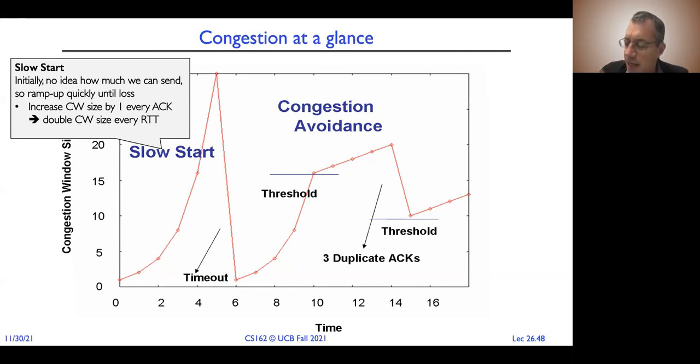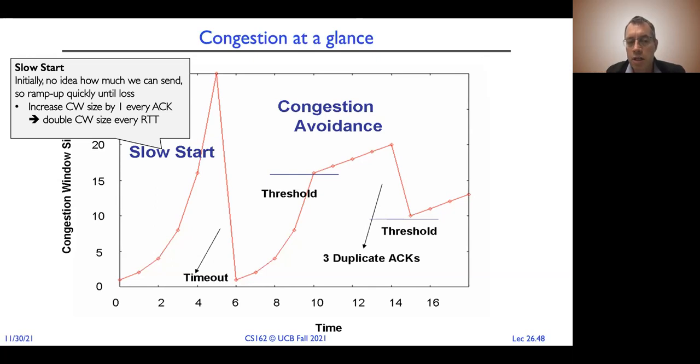Let me be more aggressive now. I'm going to increase the congestion window by 1 when I get the acknowledgement, so now I'm going to send 2 packets. For each acknowledgement I get, I add another one to the congestion window. This is called slow start. Slow start is a terrible name because actually, if you think about it, the slow start, using CW, the congestion window here.